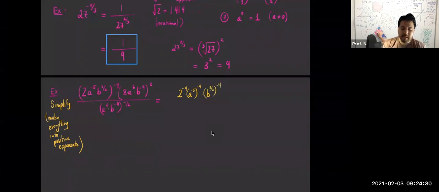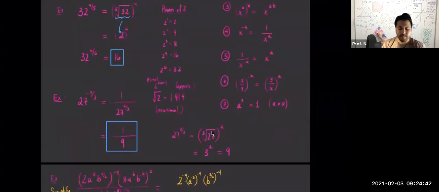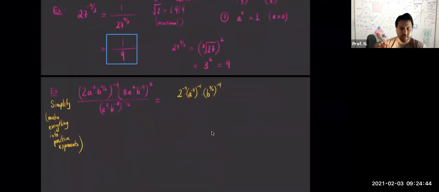So does everybody see that? For this guy here, I'm taking everything inside the parentheses and raising it to the -4 power. That's a legal move. That's literally just applying step number 3 here, but for several products, I can do this. So if I can do that, then I can definitely do the next one, right?